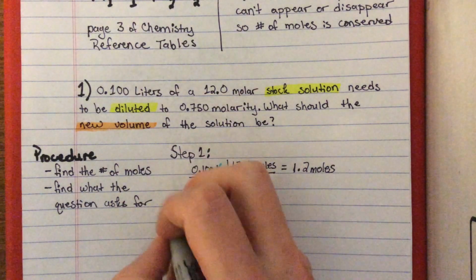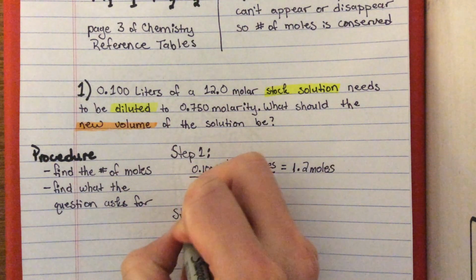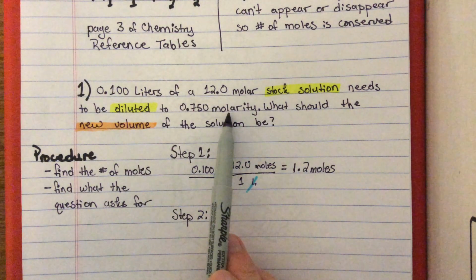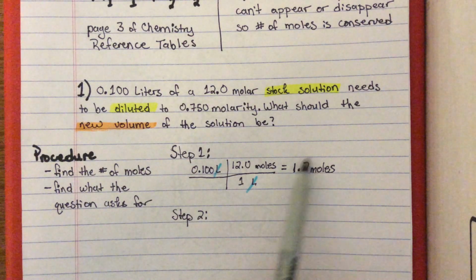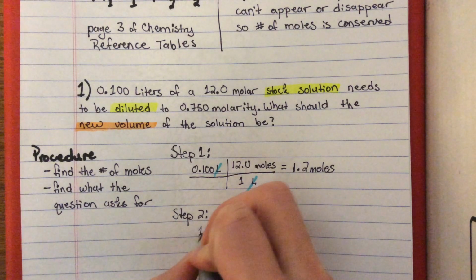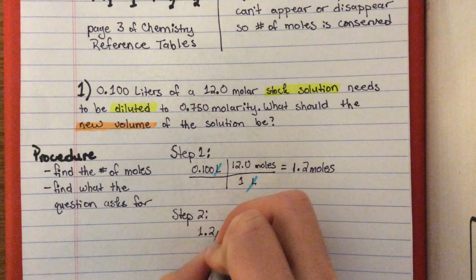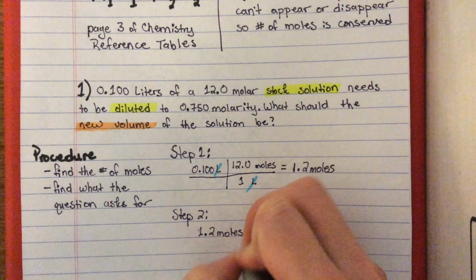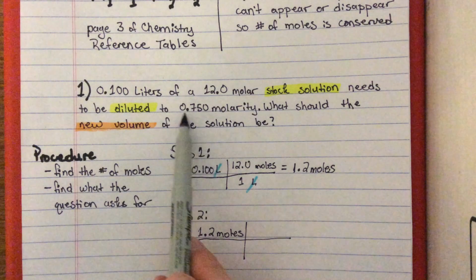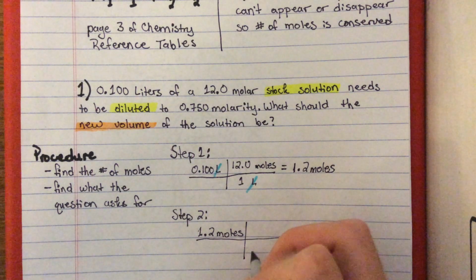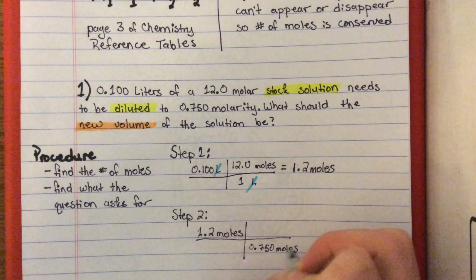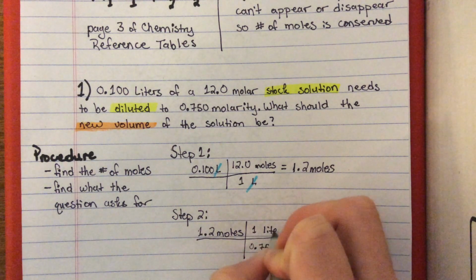So for step 2, I am going to use the dilute concentration and the number of moles to find the new volume. So I'm going to start with the number of moles, since that's the number that's not a ratio. Put that in the top left corner of my railroad tracks. I'm going to use my dilute concentration, which is 0.750 moles for every 1 liter.